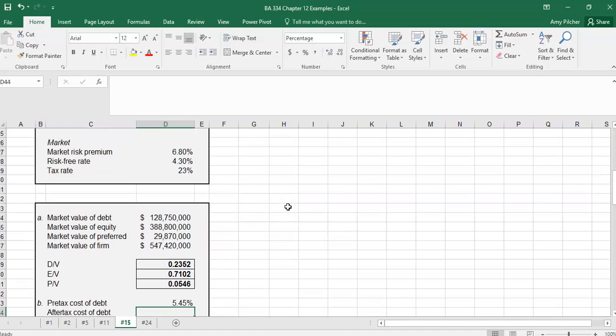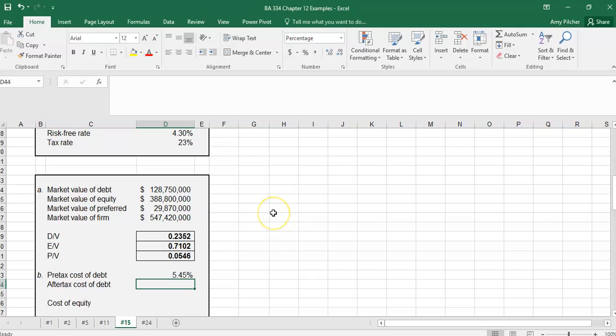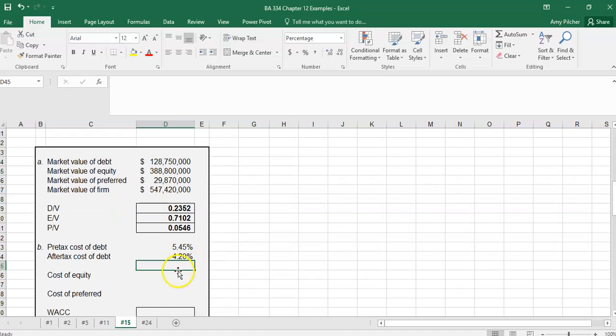So we have a yield to maturity of 5.45%. We then need to calculate our after-tax cost of debt. So we have the pre-tax cost of debt times 1 minus the tax rate. Our tax rate is 23%. So that is our cost of debt.